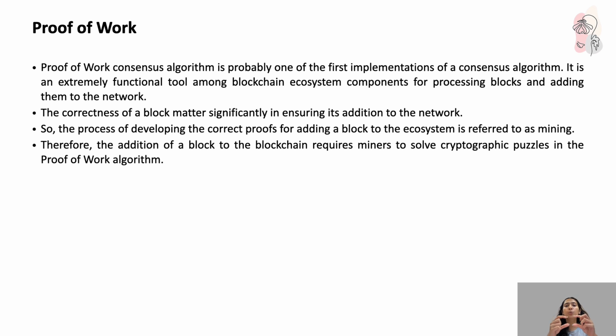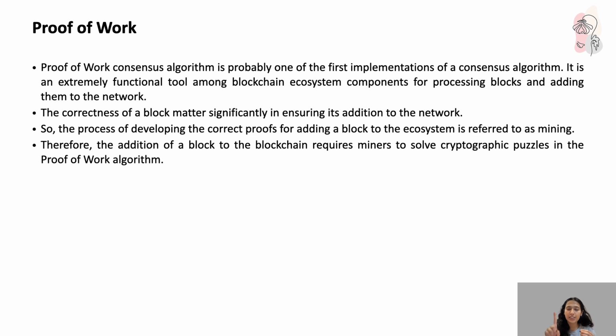When a new block of transactions is ready to be added, it will not be accepted by the network blindly. Instead, it goes to all the computers competing on the network, which we call miners. Everybody participating in the network is called a miner. So what is going to happen? Everybody gets a complex cryptographic puzzle to solve.